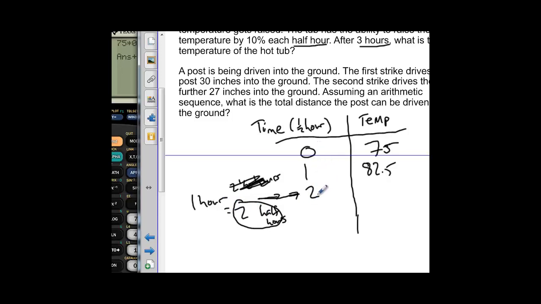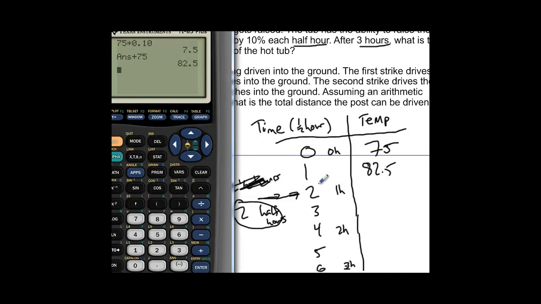This is after 1 half hour. This is after 2 half hours, so this is actually 1 hour. 3, 4 would be 2 hours. 5, 6 would actually be the 3 hour mark. Does that make sense? It's going to be really important to keep track of things like this. So this would be before I even start, after 1 half hour, after 1 hour, after 2 hours, after 3 hours.